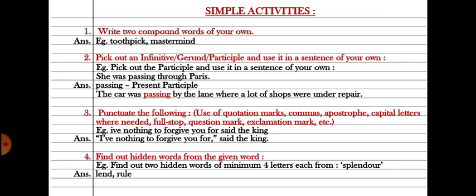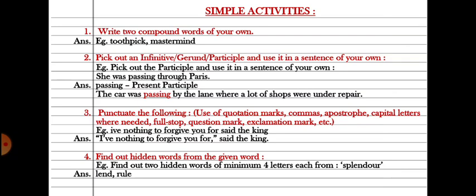Question number 2. Pick out an infinitive or gerund or participle and use it in a sentence of your own. What are infinitives? An infinitive is the verb form that has to at the beginning. For example, to respect, to visit, etc. What are gerunds?